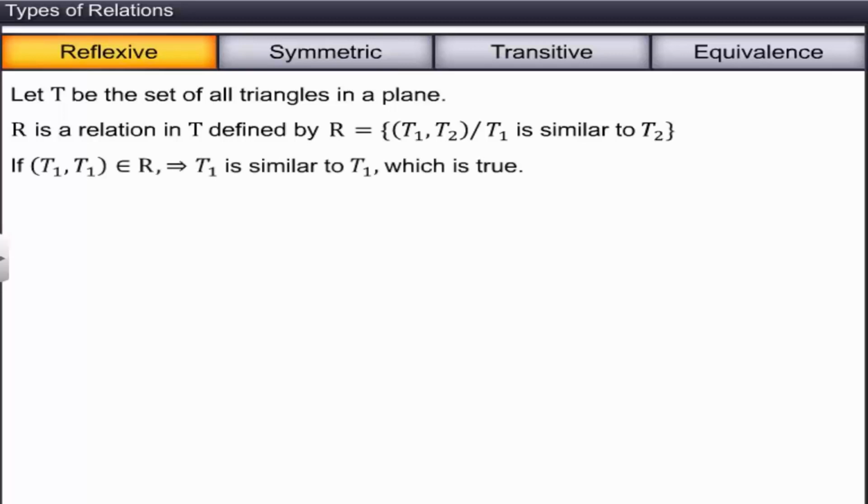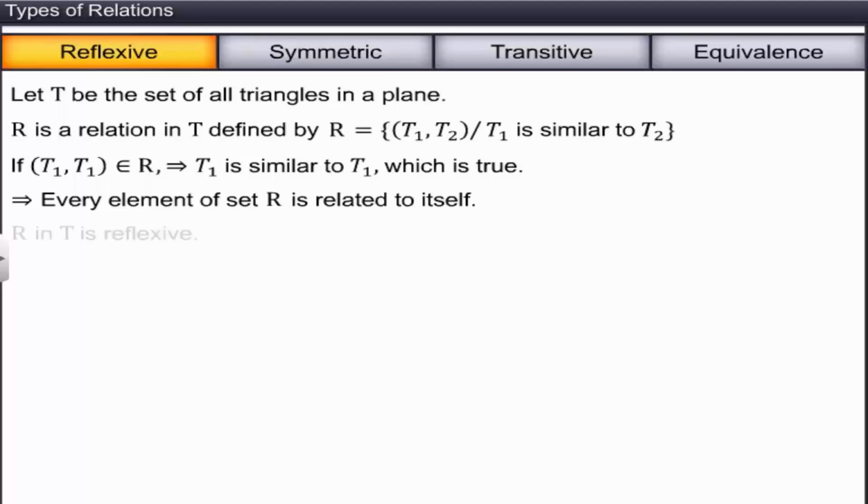If an ordered pair (T1, T1) is in set R, then it implies that T1 is similar to itself, which is true, since every triangle is similar to itself. And this holds true for all the triangles in set T. Hence, we can say that every element of set T is related to itself. Such types of relations are called reflexive relations.